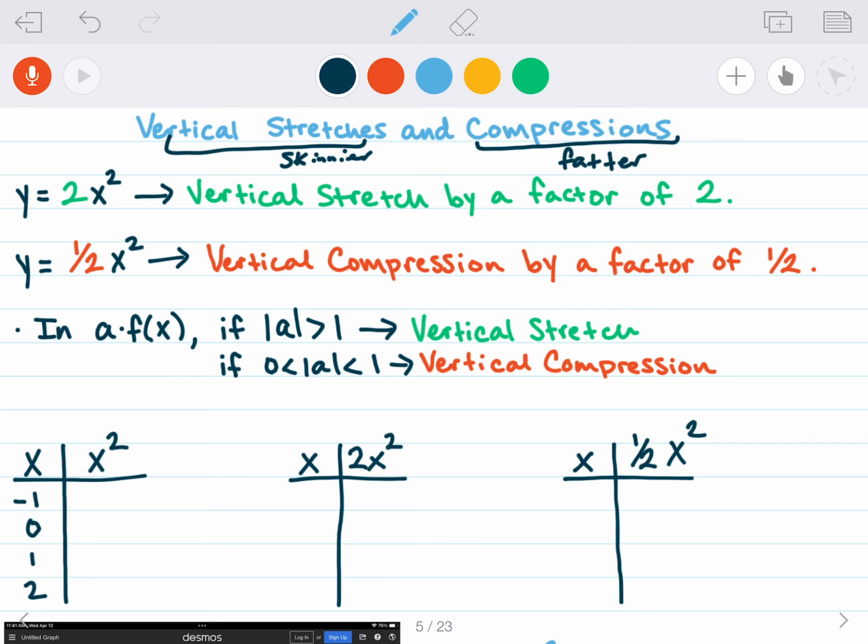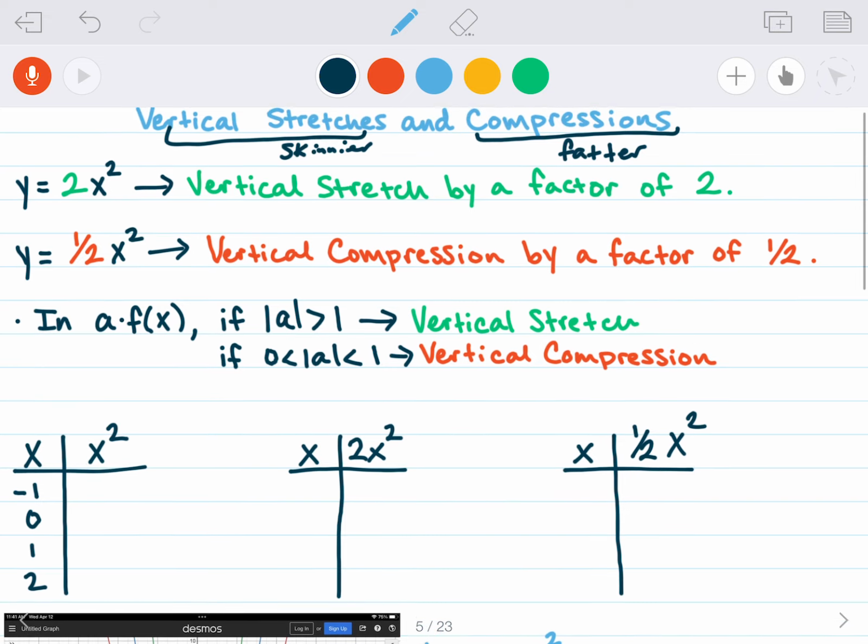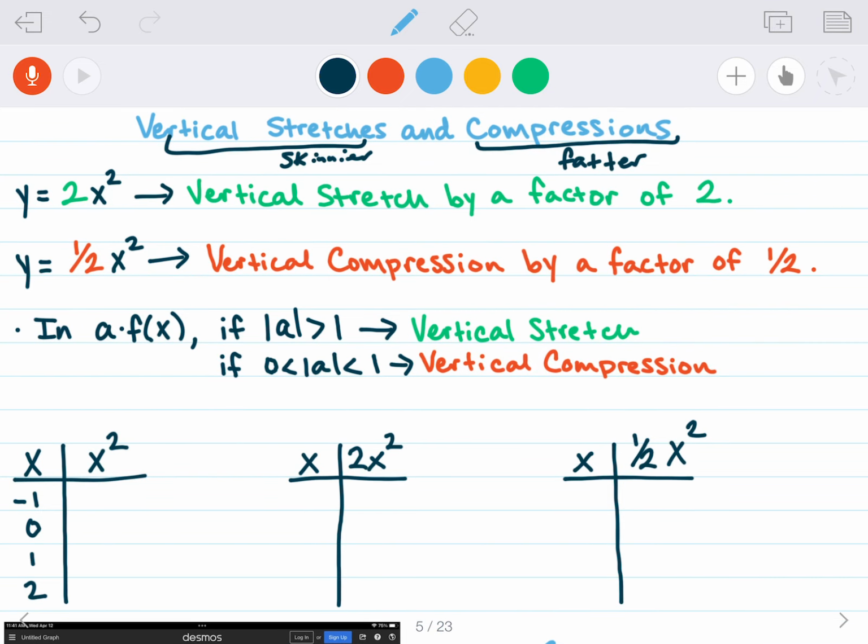So when we stretch something vertically, like silly putty, it gets skinnier. When we compress it, it gets fatter. All right. The way that we denote a vertical stretch is the coefficient in front of the function. So if our parent function is x squared, that number that's being multiplied in front is the stretch or compression factor.